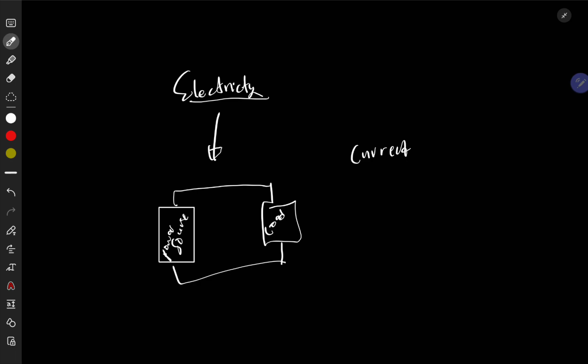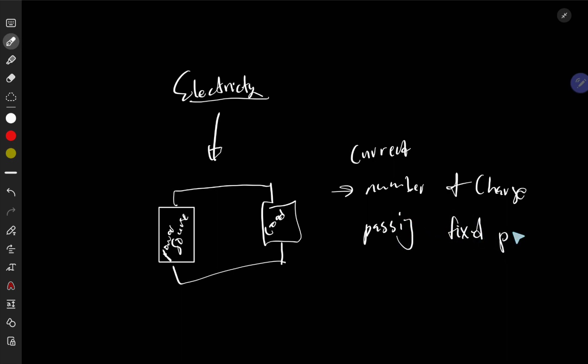But in simple terms, I can just say it's the number of charge flowing or passing a fixed point in the conductor in 1 second.